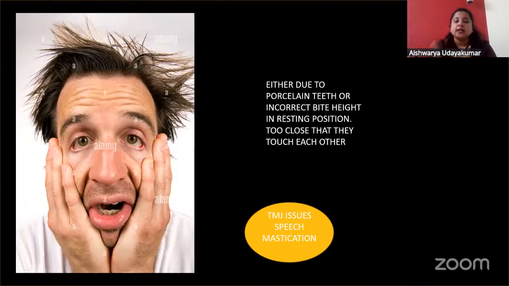Remember, there are two options here: either we have given porcelain teeth, which we give very rarely, or the teeth are too close to touch each other. When we raise the VD, in the long term the patient will come back to you with TMJ issues, speech issues, and mastication problems. The patient won't be able to bite.